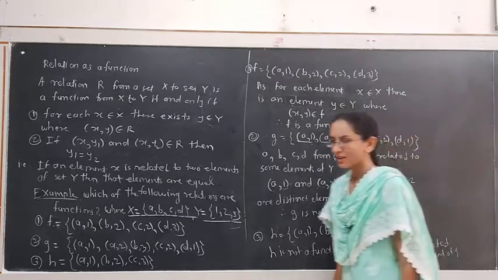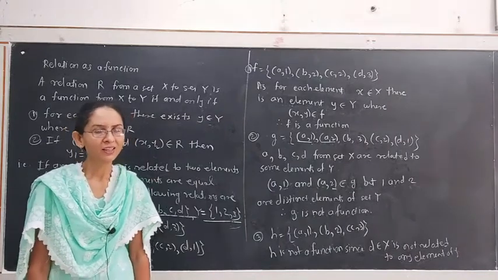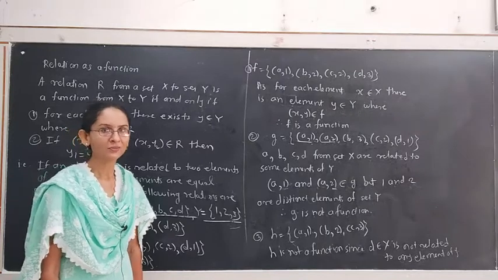Now the question is, if we are given two sets X and Y, then how many relations from X to Y are possible that are functions?